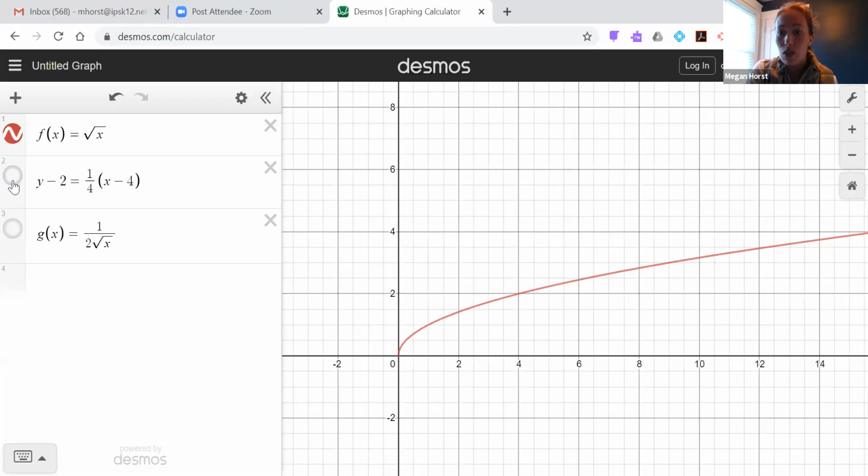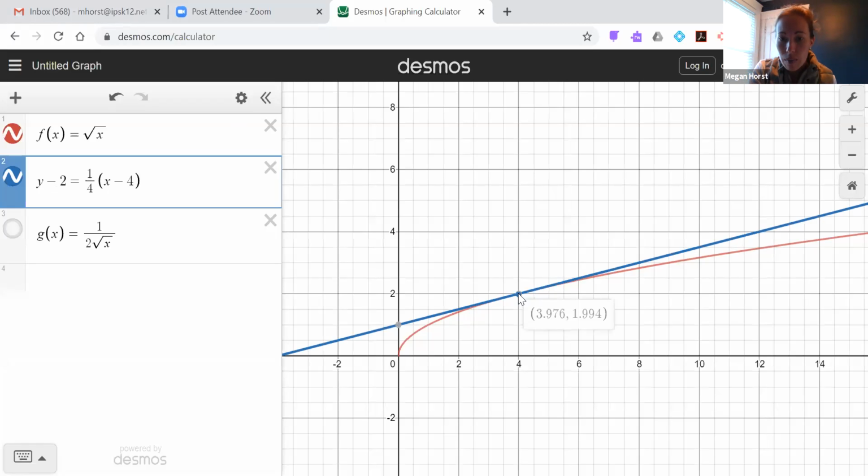So we calculated the slope of the tangent line to be 1/4 when x equals 4 and y equals 2. And notice that we have that tangent line right there. So there's this point right here that the two functions share at 4, 2. But other than that, we don't have any commonalities, right? It's just a straight linear function, and it's just tangential at that point.